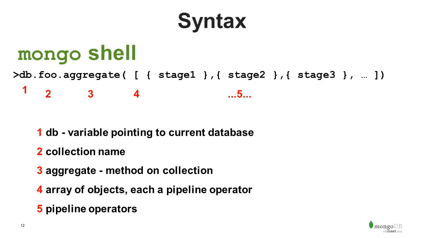And then the one thing that is probably a little bit new that you have to get used to when you're writing these is that the input to the aggregate method is actually an array. So if you notice the square bracket here for the beginning of the array and the square bracket at the end for the end of the array. Now what's in the array is a set of, again, JSON objects, but each of these objects is one pipeline operator. So that is the basic syntax.